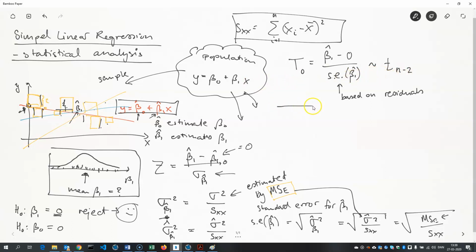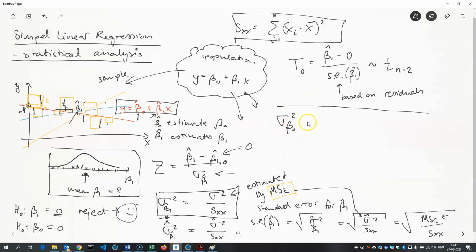All right, so that's the test statistic for this null hypothesis here. If we want to do it for the beta naught here, the intercept over here, it's the exact same procedure. The only difference is that instead of having this expression for the variance in beta 1, we have another one for beta naught.